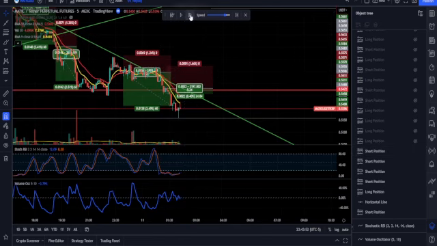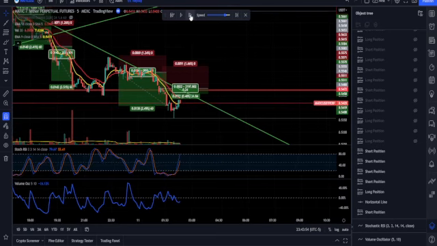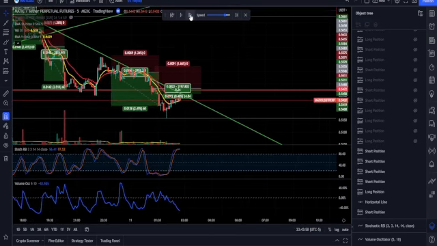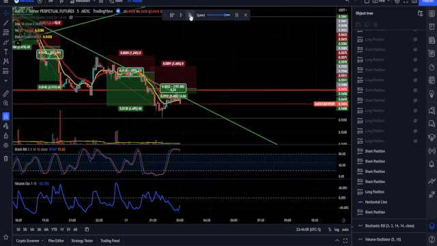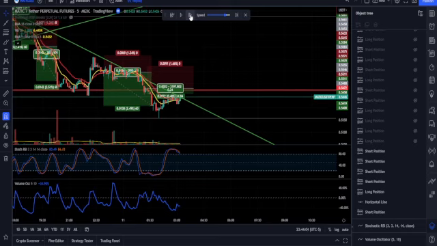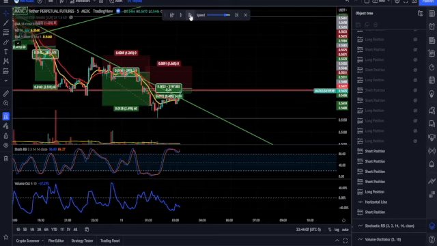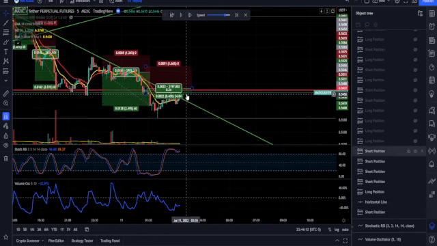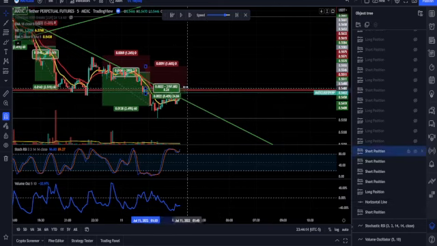So that being said, I continued, and at this point it looks a lot like a reversal is coming. We tag our trend line and we bounced up. So at the close of that candle, I decided we've got to get out.